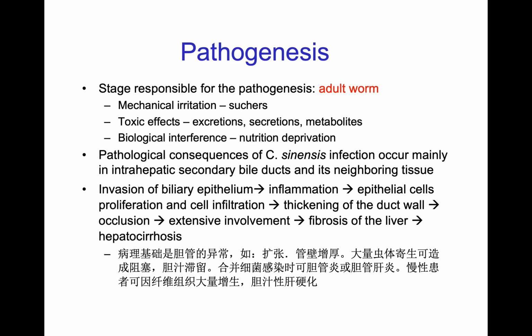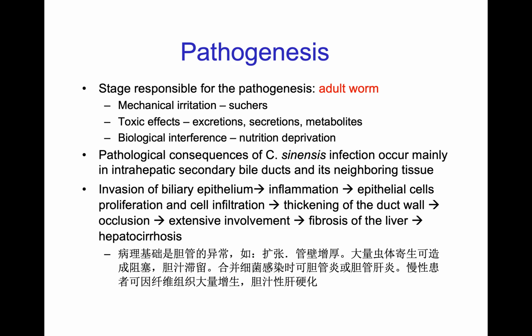Pathological consequences of C. sinensis infection occur mainly in the intrahepatic secondary bile duct and its neighboring tissue. First, there's an invasion of the biliary epithelium, and then inflammation happens, and then epithelial cell proliferation, and the duct wall is thickened, and then there's obstruction.